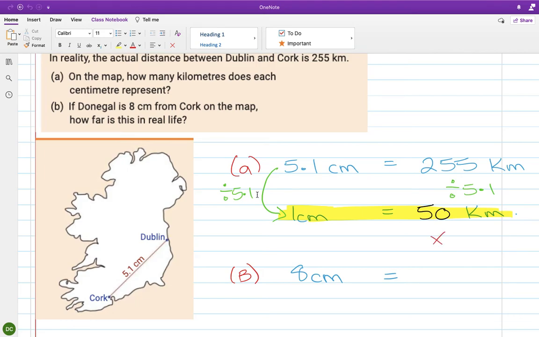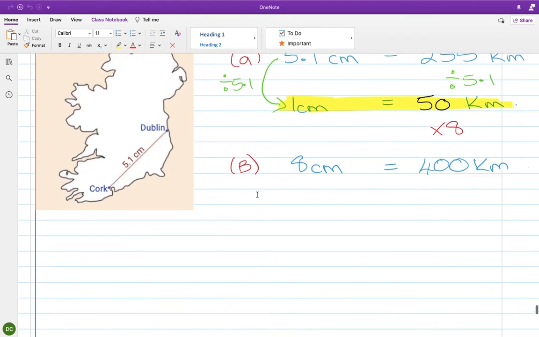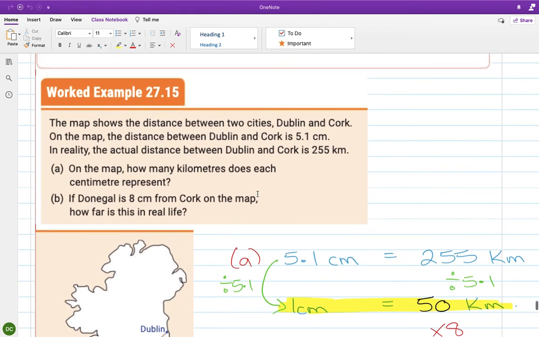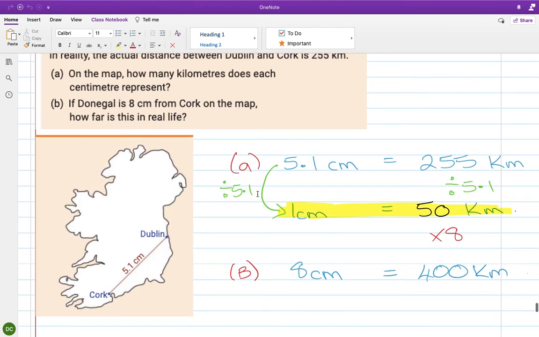So we're going to multiply that by 8. And that gives us 400 kilometres between Cork and Donegal in real life. And that's it. That's scaling.